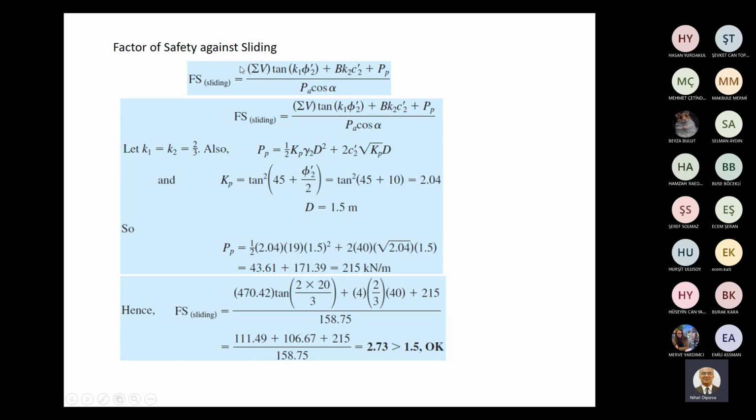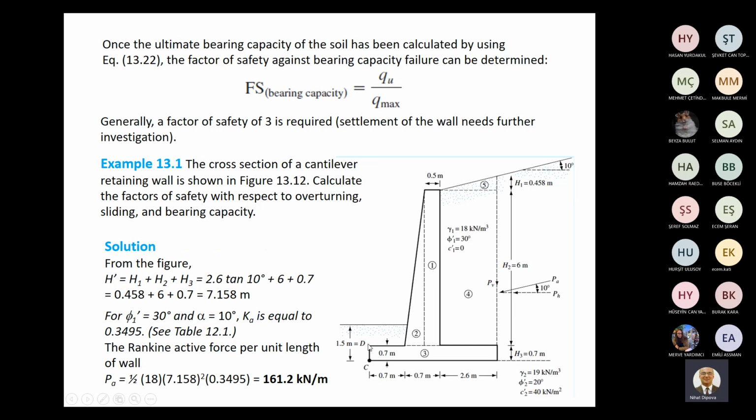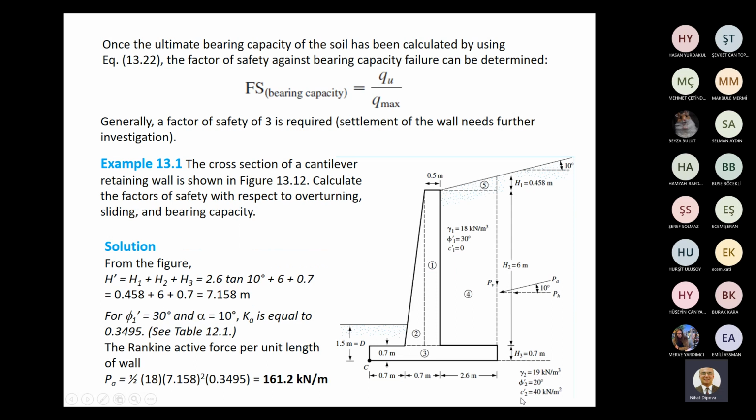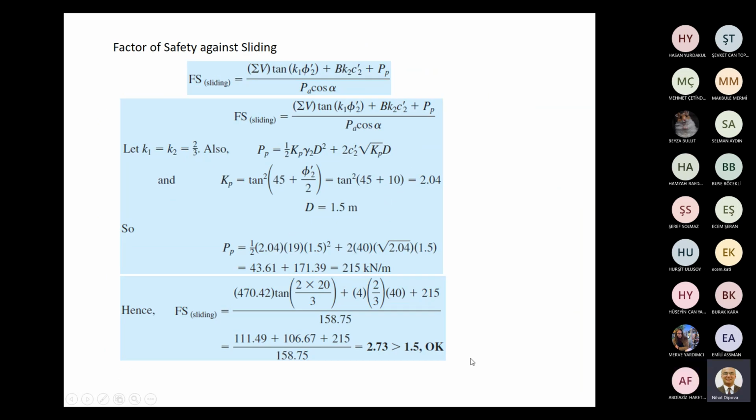The resistance comes from internal friction angle or friction angle of concrete soil interface and adhesion along this interface, plus passive pressure in front of the wall. Do we have? Yes, both we have friction angle and cohesion, so we can put here.